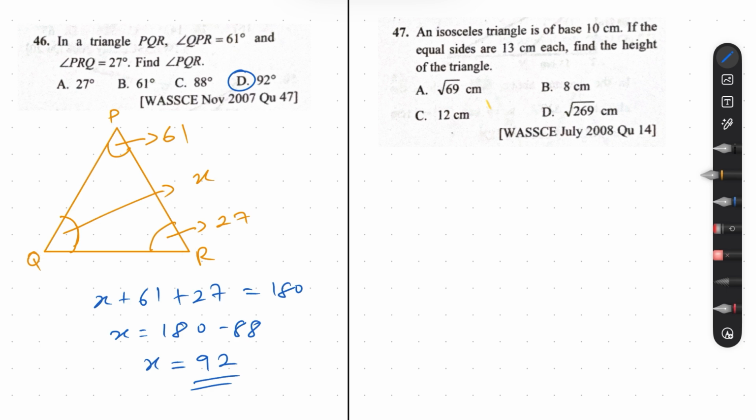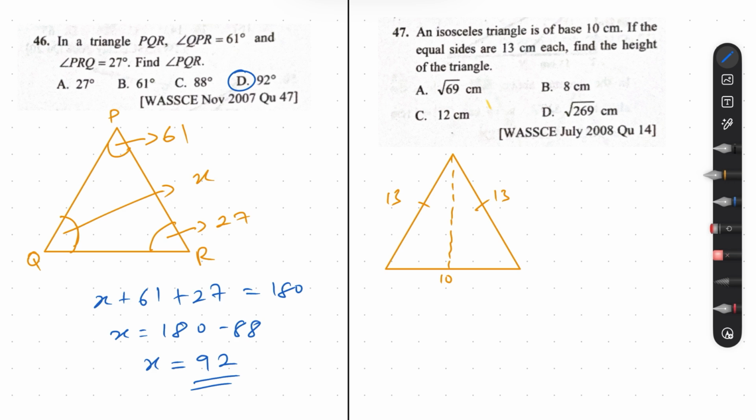We've been given that the base is 10 centimeter, and the equal sides are 13 centimeter each. Find the height of the triangle. So what we are trying to find is the height.